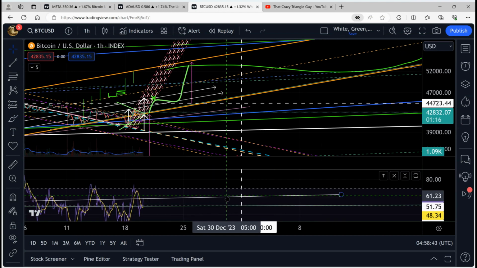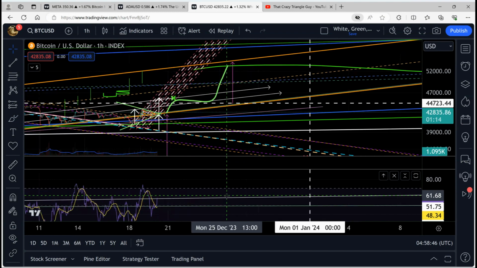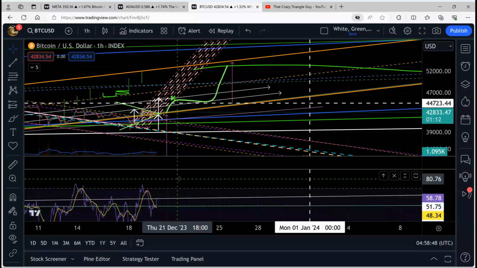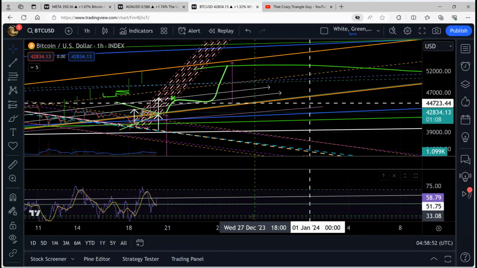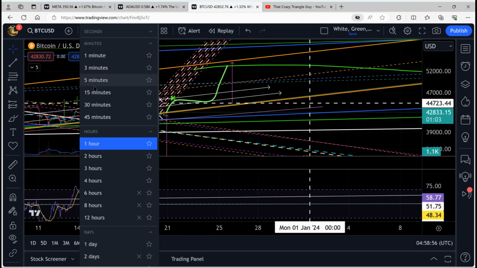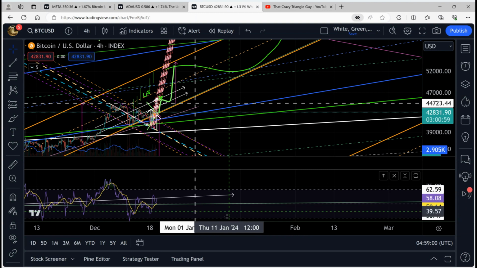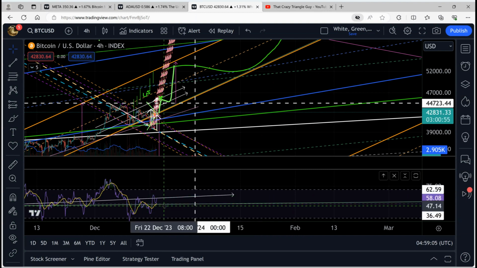Hourly time frame, we have broken back up through the moving average. That's nice. Go to a 4 hour. On the 4 hour, we avoided falling through the moving average, which is nice.